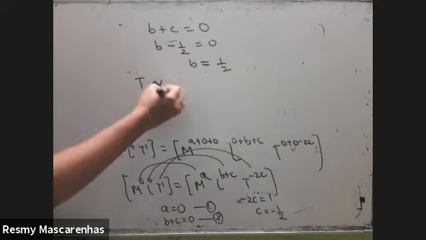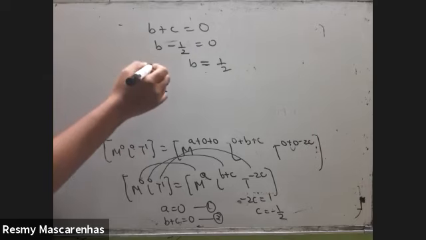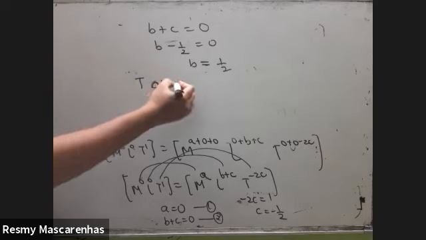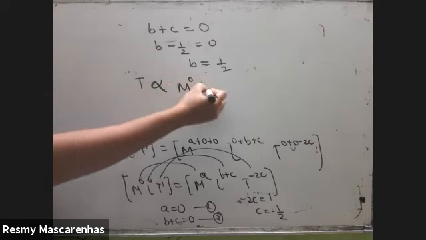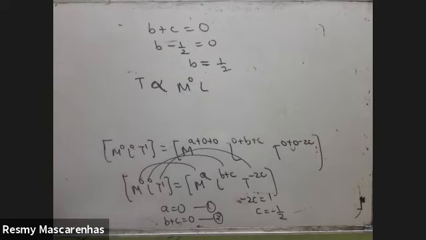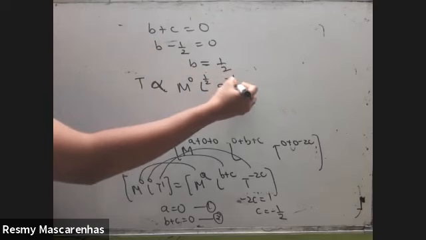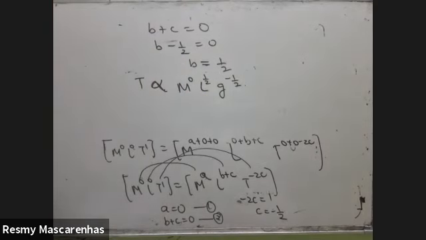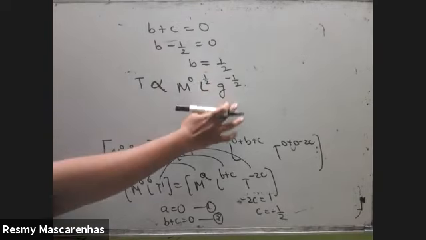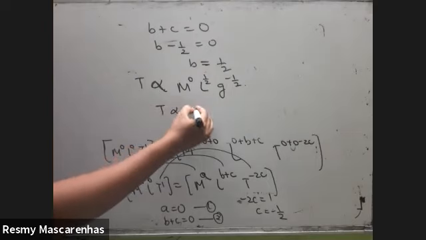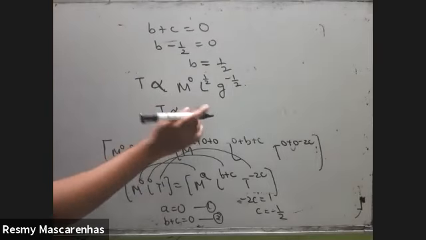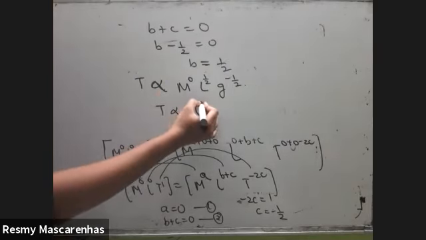So while writing, you can avoid a constant and you can directly write this. C value is minus half. I told you any power negative is there, you can take it down. This will go, m raised to 0 will be 1.